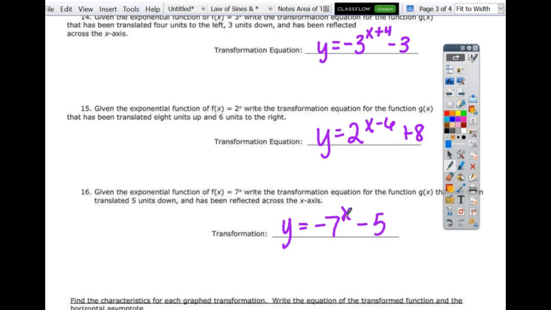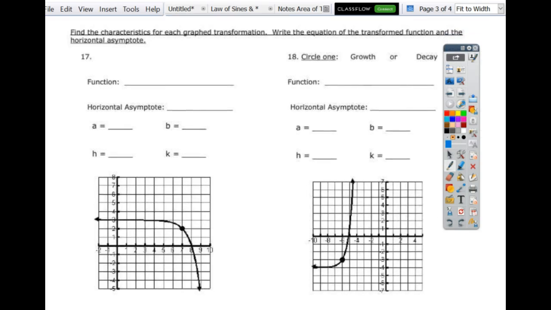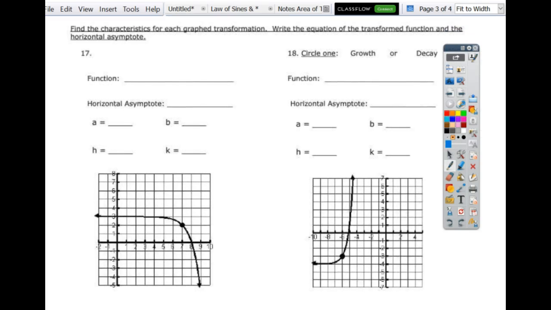Okay, so next, let's look at this. No, 18's the easier one. Okay, so, first of all, exponential growth. Which way does it go? Up, right? So it's up on the right. So what is this one?